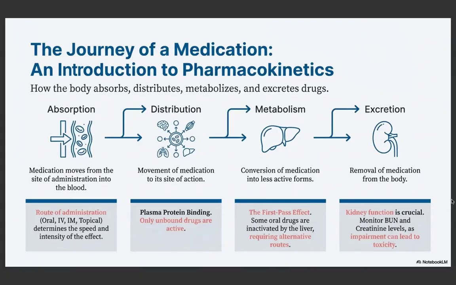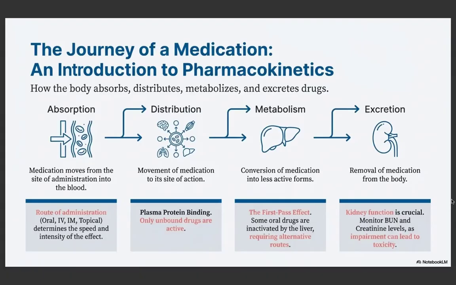Medications are really either liver toxic or nephrotoxic, right? But first pass effect is that the liver, when a medication is administered for the first time, if it's orally, or maybe topical, or buccal or anything like that, is going to inactivate it its first time going through the body.